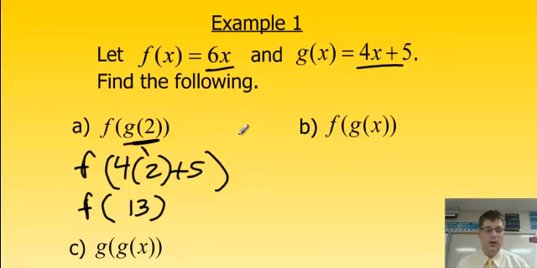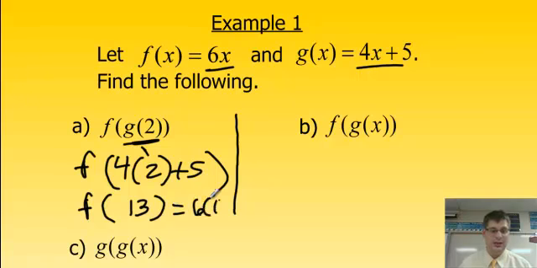And I want to figure out what f of 13 is equal to. So I'm going to input 13 into the f function, which is 6x. So f of 13 is equal to 6 times 13.